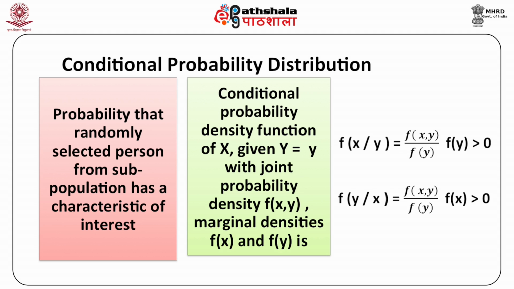Given two continuous random variables x and y with joint probability density function f(x,y) and marginal density functions fX and fY respectively, the conditional probability density function of x given capital Y equal to small y is defined to be f(x|y) equal to f(x,y) divided by fY(y), provided fY(y) is greater than 0, and similarly f(y|x) is equal to f(x,y) by fX(x), provided fX(x) is greater than 0.